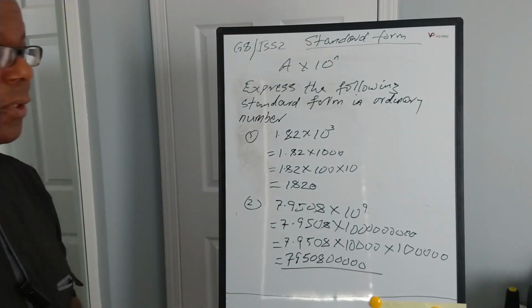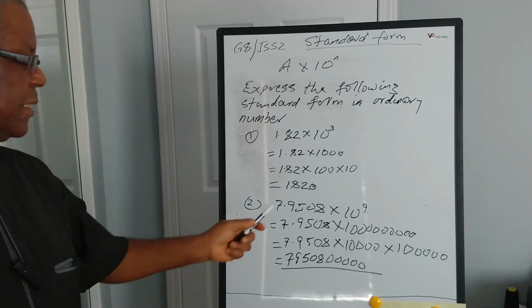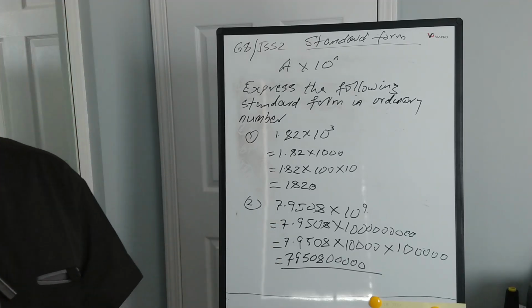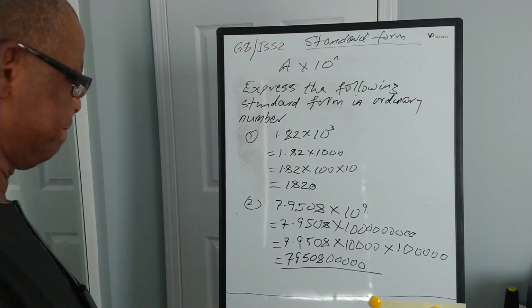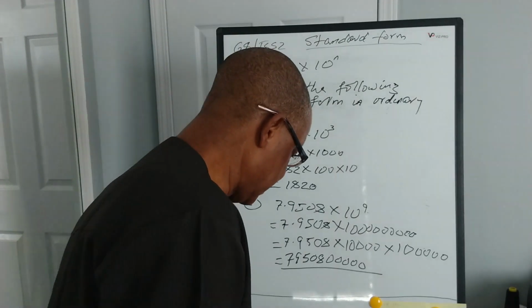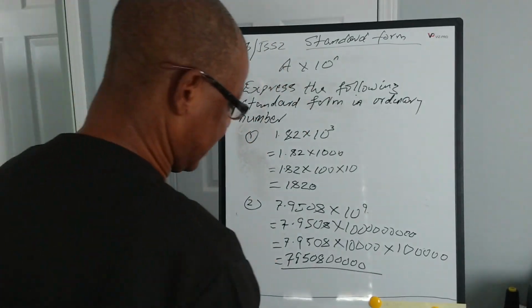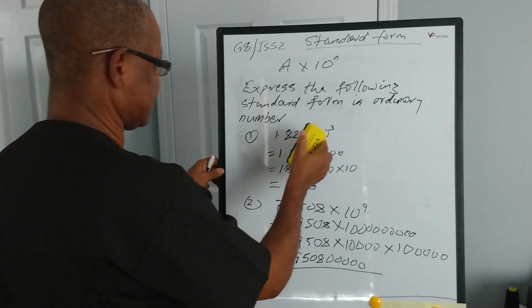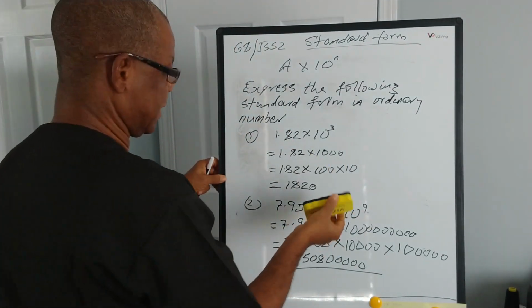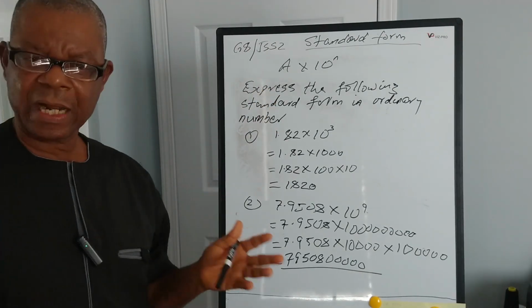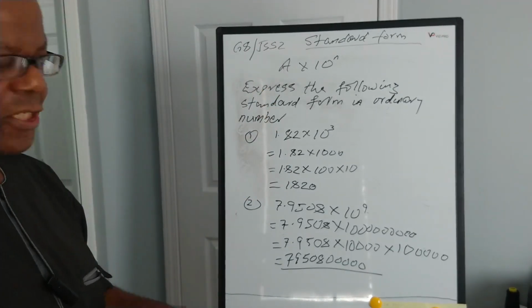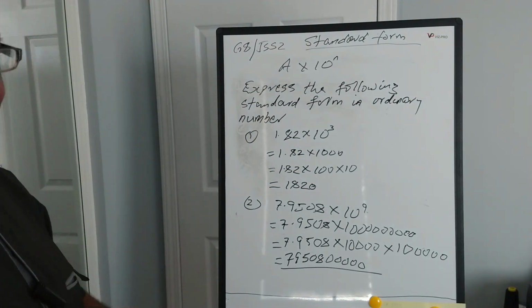We have expressed this standard form in ordinary form. I hope you are following. Let's look for more examples to this effect, that is expressing to ordinary number. We have treated the number greater than 1. Let us look at the situation where we are given a number less than 1.